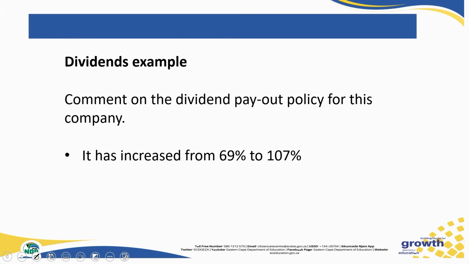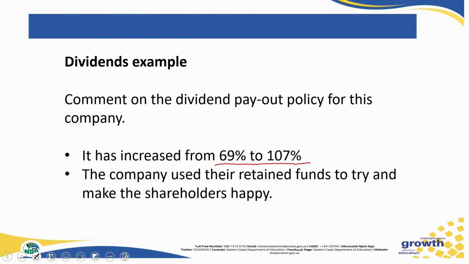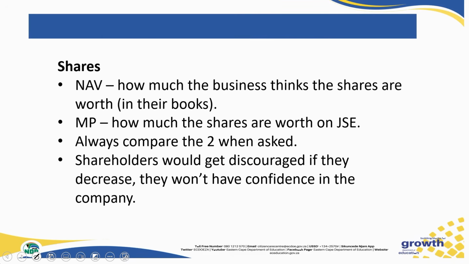Our comment here would be that this company used their retained funds to try and make the shareholders happy. If they increase the dividend payout, they're trying to make shareholders happy and keep them in the company. And if they decrease it, it means that they are thinking for the future expansion of the business.